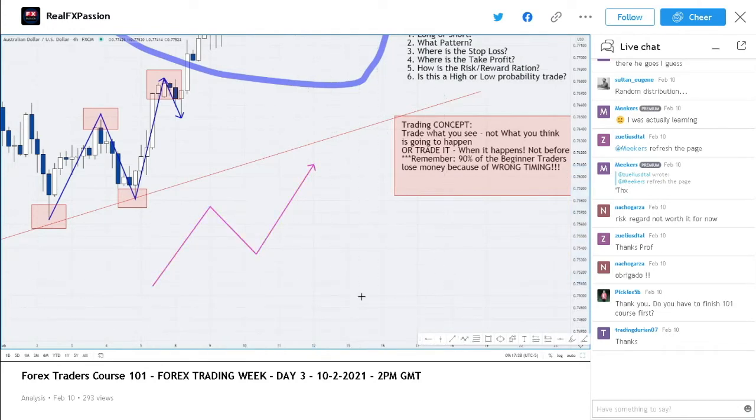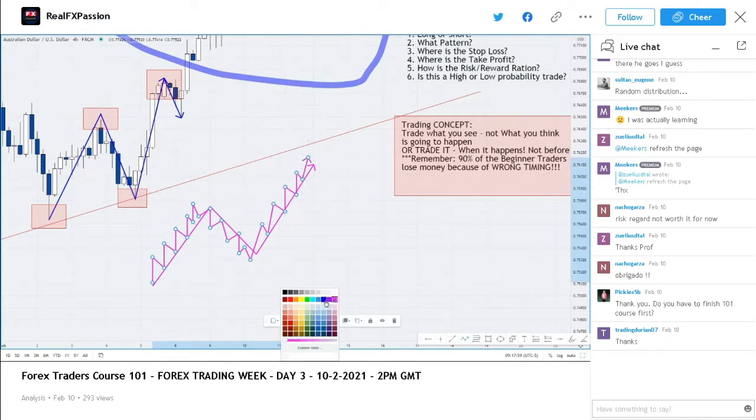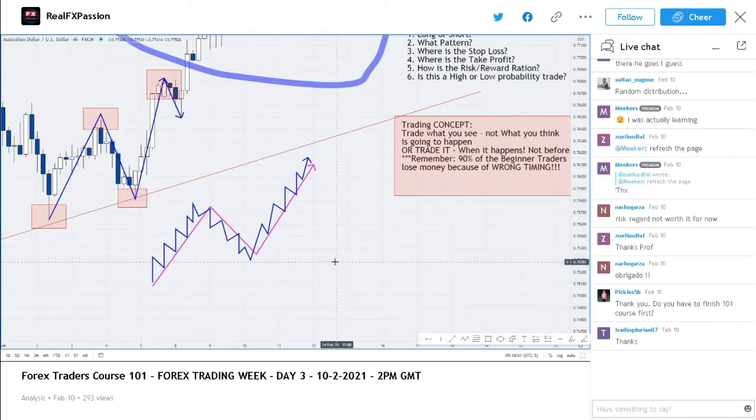We learned about extension, making higher highs, higher lows, then retracement, where the market is going to make lower lows, lower highs, and then extension one more time, making higher highs, higher lows. So the violet line is the market wave, the blue line is the short-term trend.